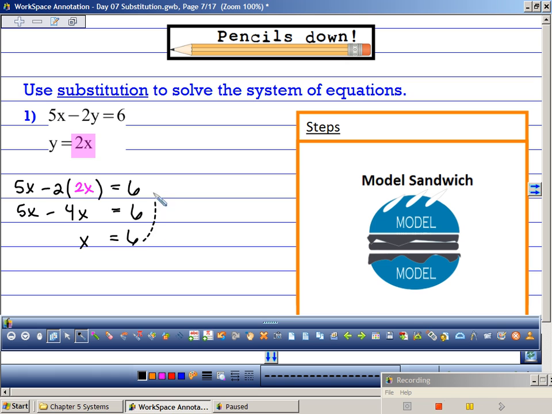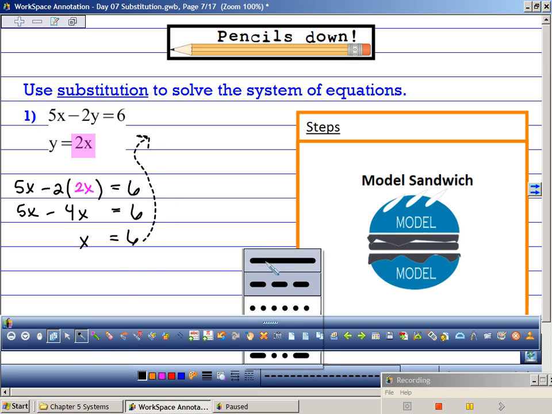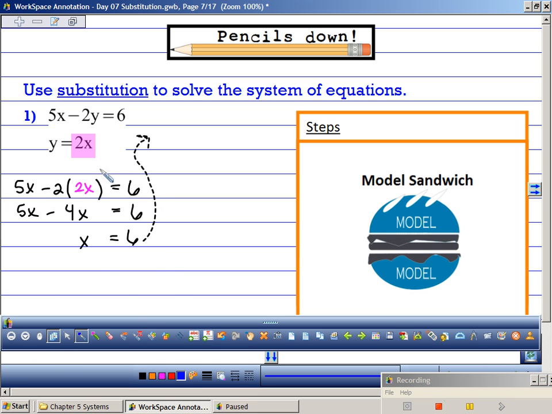Now I need to substitute that in. Should have done that in blue. I think I will, because this is the one I'm going to save. Okay. So I've got y equals 2x. Well, I know how much x is now. x is 6, correct?